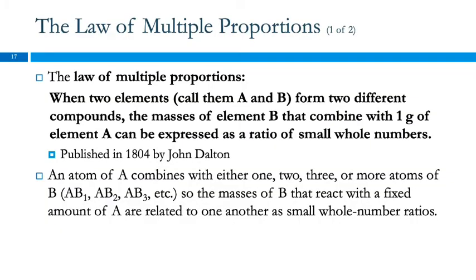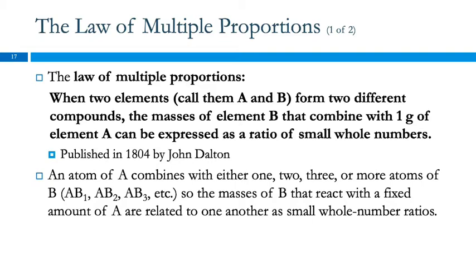So the law of multiple proportions, the name seems to contradict the law of definite proportions, and yet it doesn't. This slide, I'm going to go through these words, and they're not going to make a lot of sense, and hopefully it'll get more clear on the next slide. So we could state this in this way. When 2 elements, we'll just call them A and B, form two different compounds, the masses of element B that combine with 1 gram of element A can be expressed as a ratio of small whole numbers.